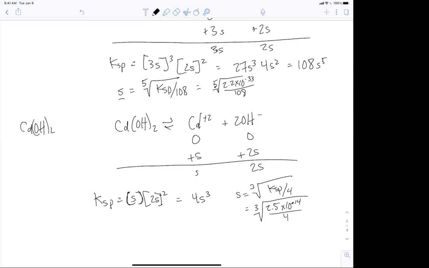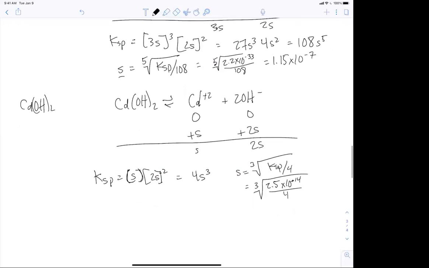The fifth root of 2.2... Yes, our solubility there equals 1.15 times 10 to the minus 7th.